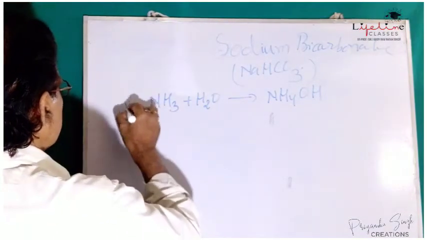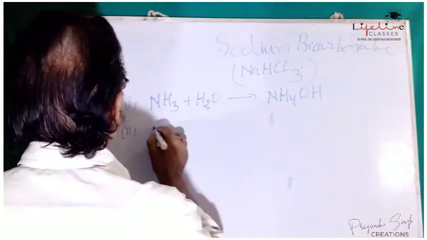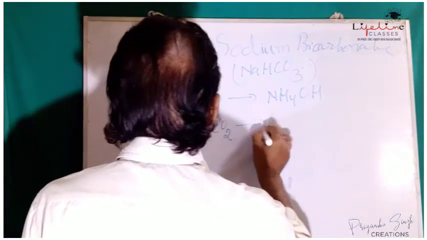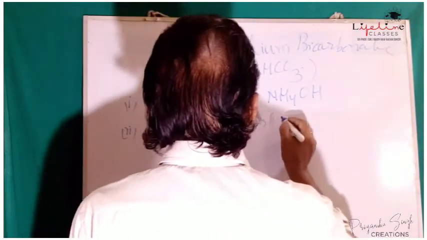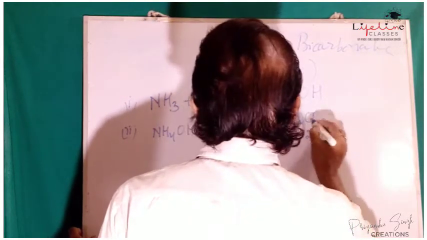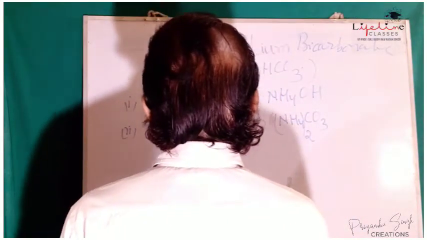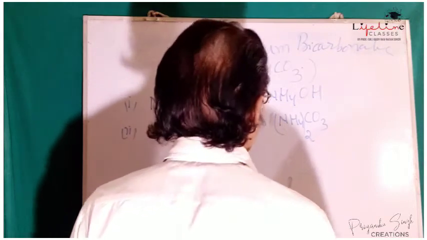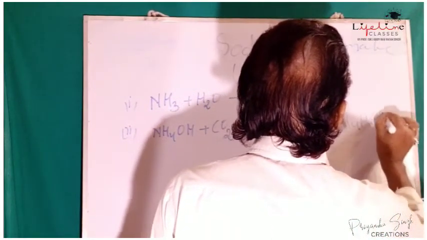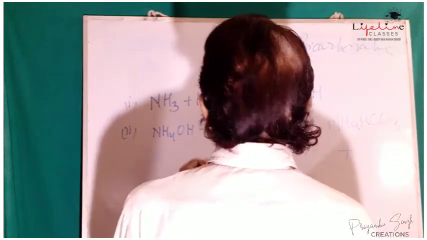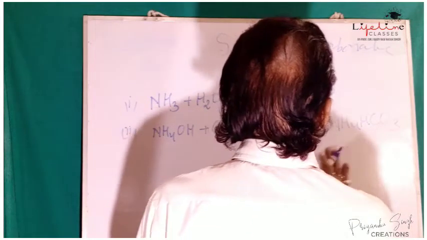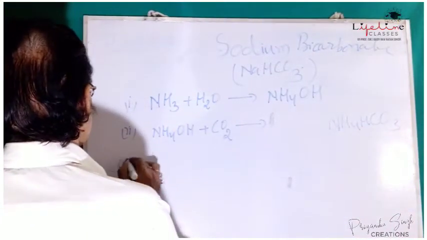Second, NH4OH plus CO2 gets converted into (NH4)2CO3. Then (NH4)2CO3 plus CO2 plus H2O gives NH4HCO3.